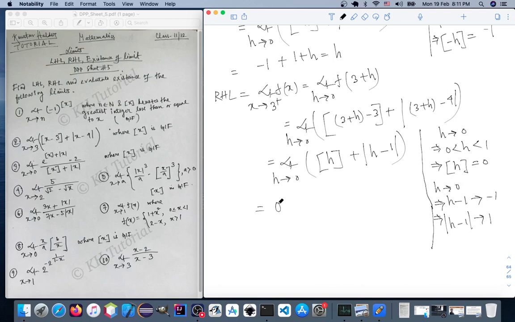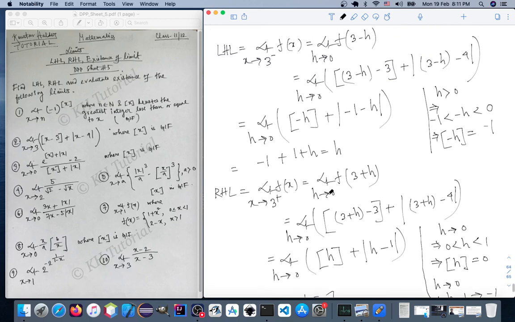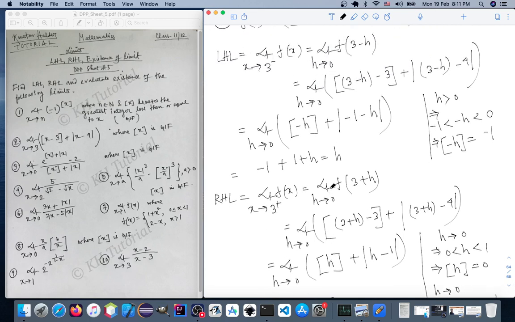So this becomes 0 plus 1 equals 1. And over here I think I made a mistake. When we have mod of (minus 1 minus h) and we put h as 0, this will become mod of minus 1, which is 1. So here is a mistake we made.